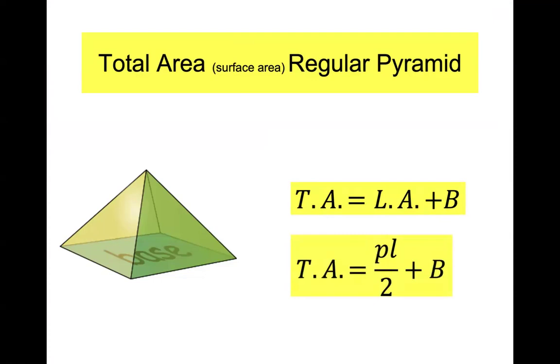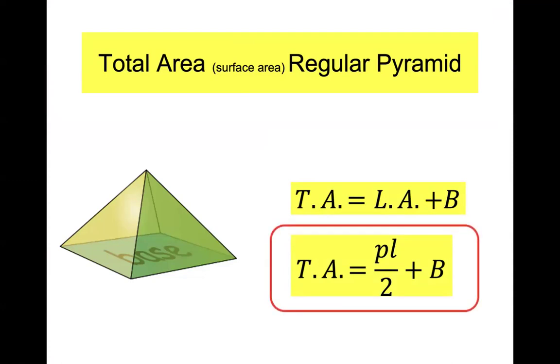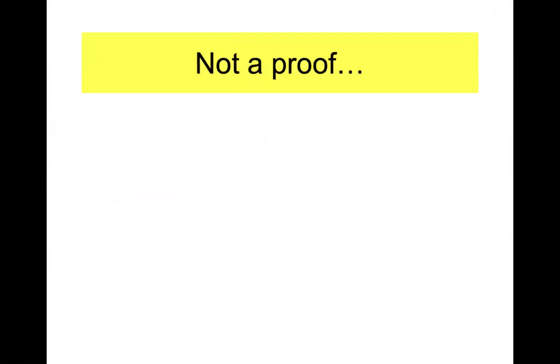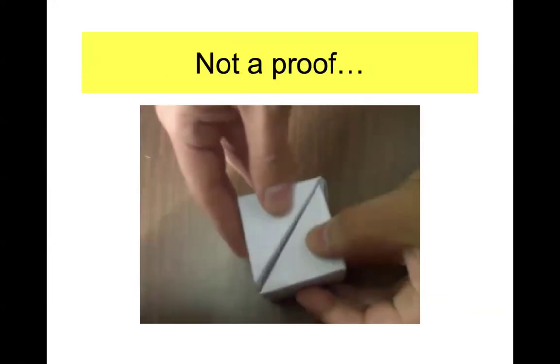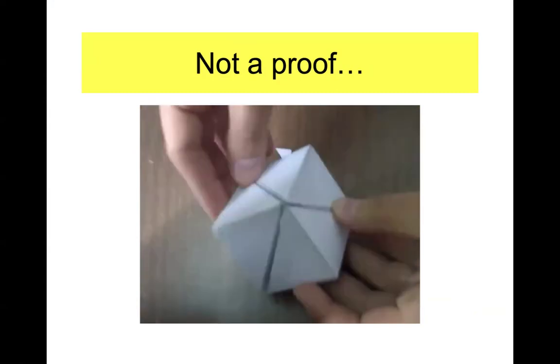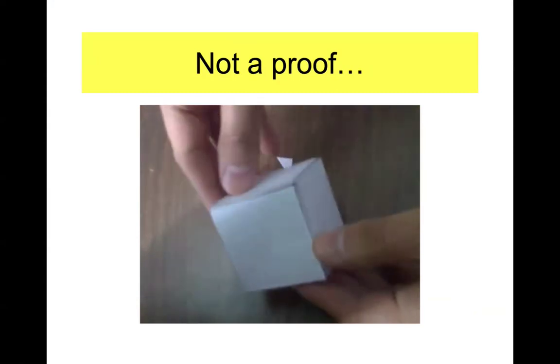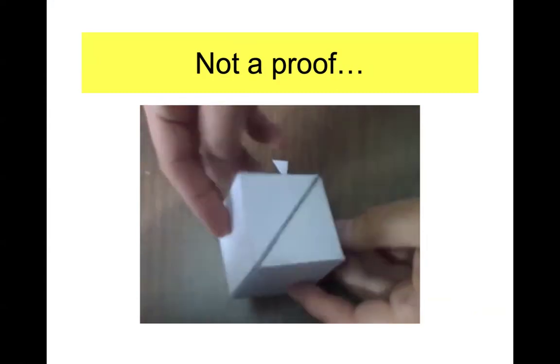So the final formula, the one to remember for total area, is PL over 2 plus B. I usually call this the theorem that's not a theorem, right? Not a proof, but if you watch the video, he's putting 3 pyramids together and it made a cube. This is not a proof.